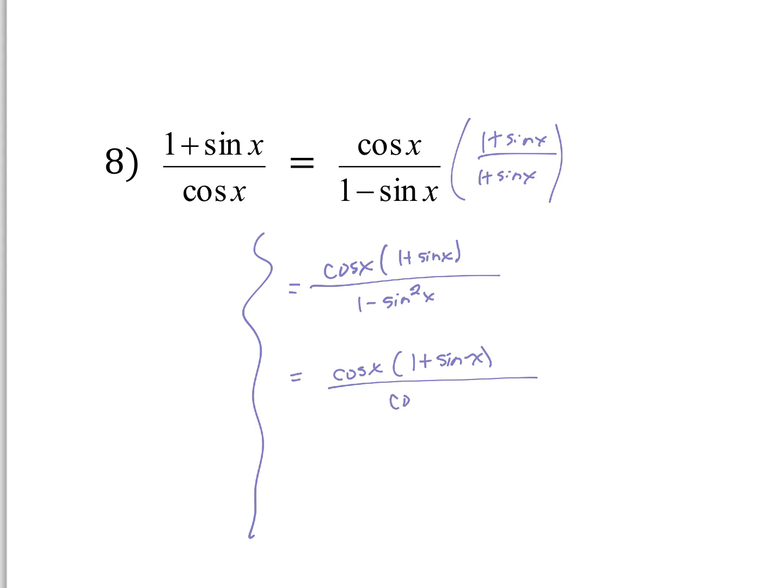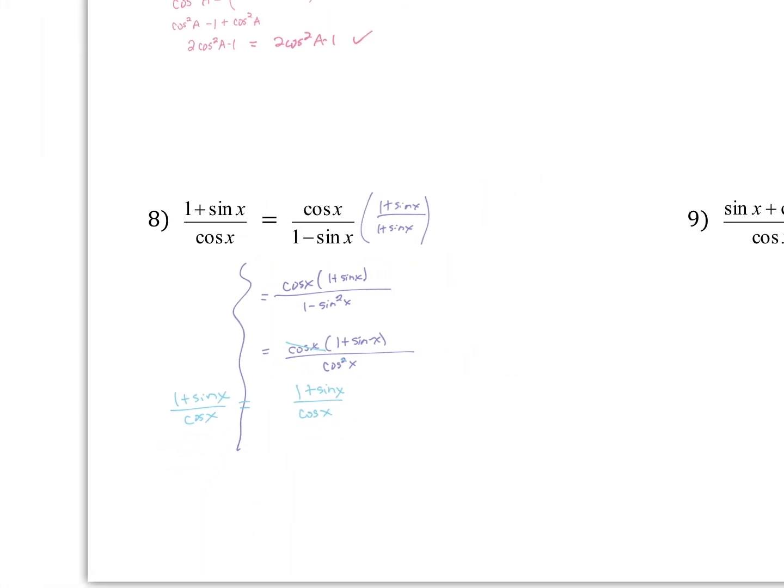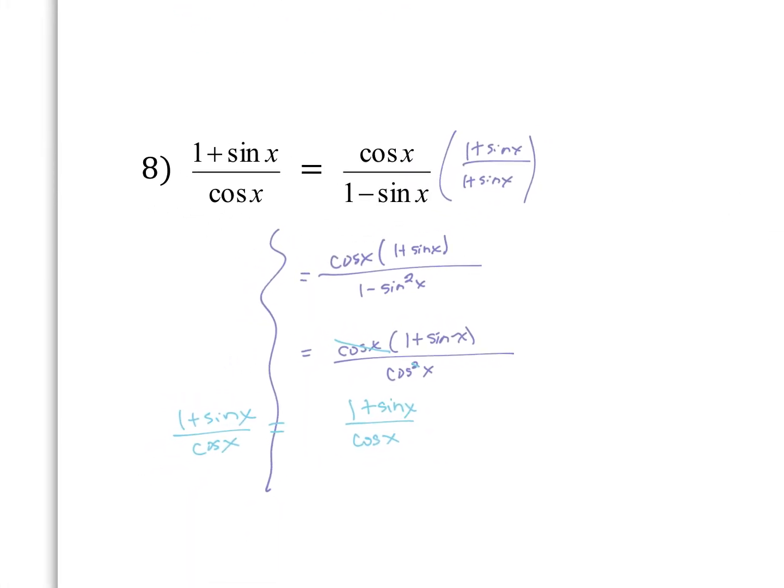That is just cosine squared x. And I'm seeing that we have 1 cosine as a factor in the numerator, and I have 2 in the denominator, so this simplifies to just 1 plus sine x over cosine x, and that's what we wanted. Look how awesome these work out when we've got a few brains working together, right? Okay, questions or comments on that one?